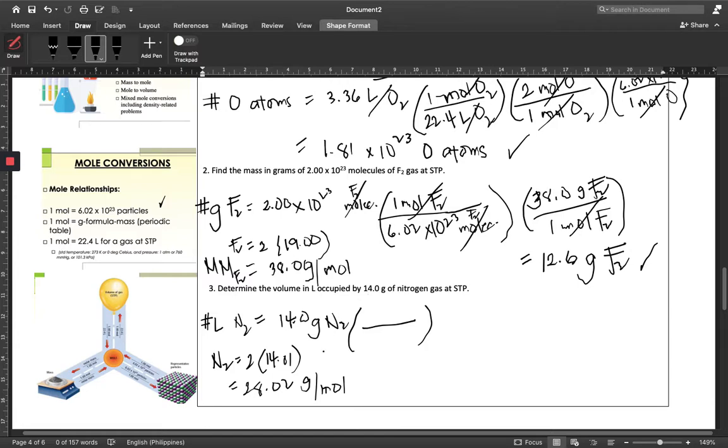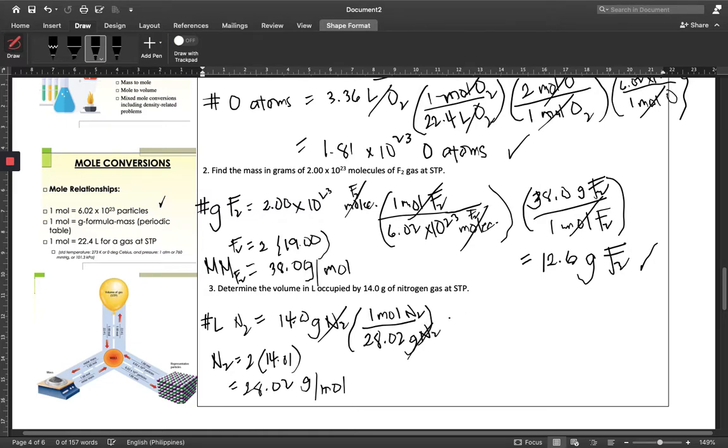So what we have here is 14.0 grams of N2 in our sample and the molar mass of nitrogen. We need to cancel out grams, so 28.02 grams stays as our denominator and 1 mole N2 stays as our numerator. Then we get to cancel grams of N2.